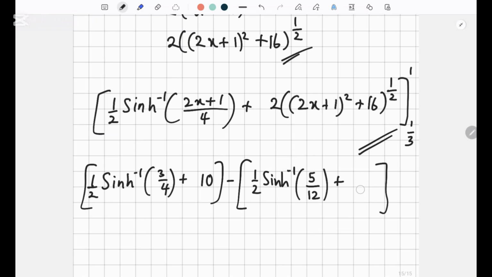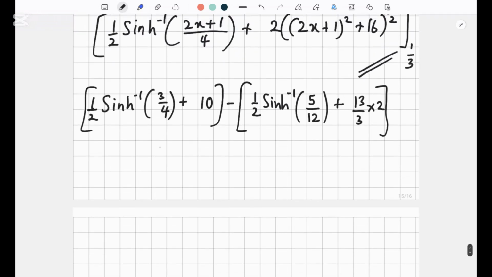Oh, this is actually 13 over 3. 13 over 3 into 2. My calculator is crazy for some reason. Let me check that again. Yeah, so it's 13 over 3 into 2. So let's take our values first. We have 10 minus 26 over 3, giving you 4 over 3. Let's keep that separately.